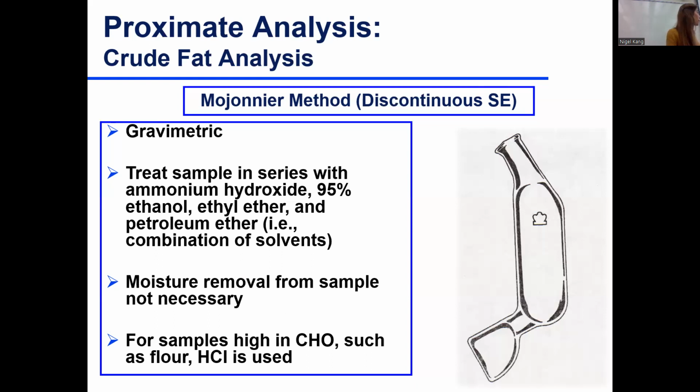It also helps to break the bonds between protein and fat as well. So depending on your sample, you can use acid or alkaline digestion, or hydrolysis. With samples which have high carbohydrate contents, we go with acid hydrolysis and we use HCl.